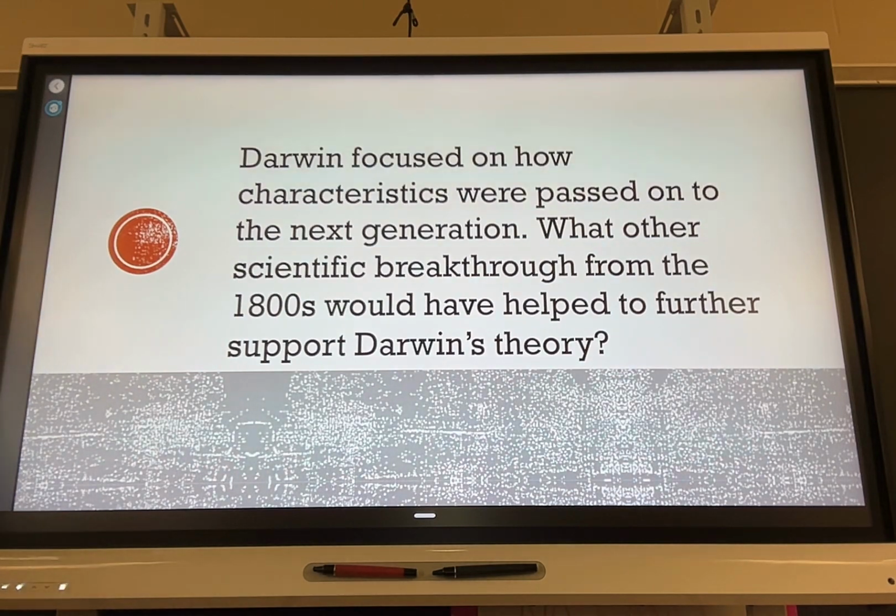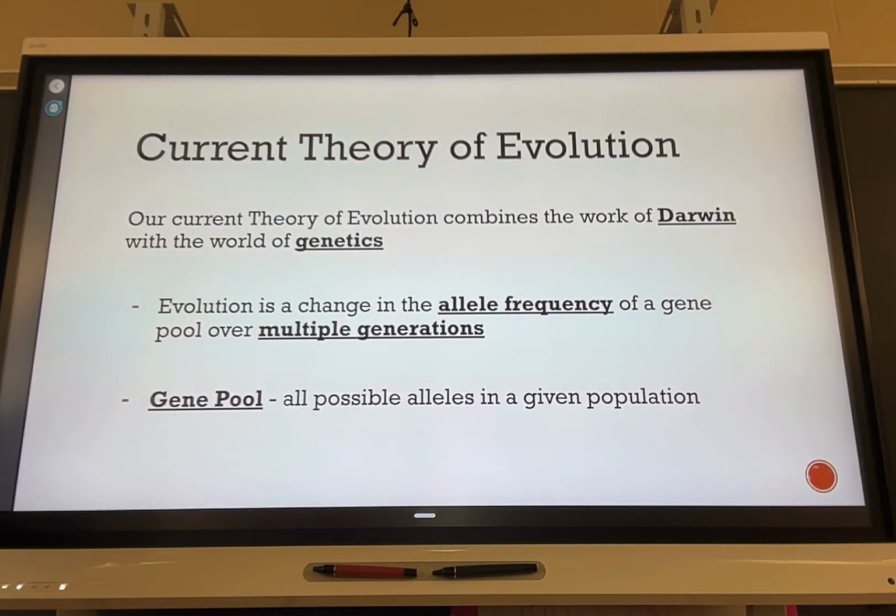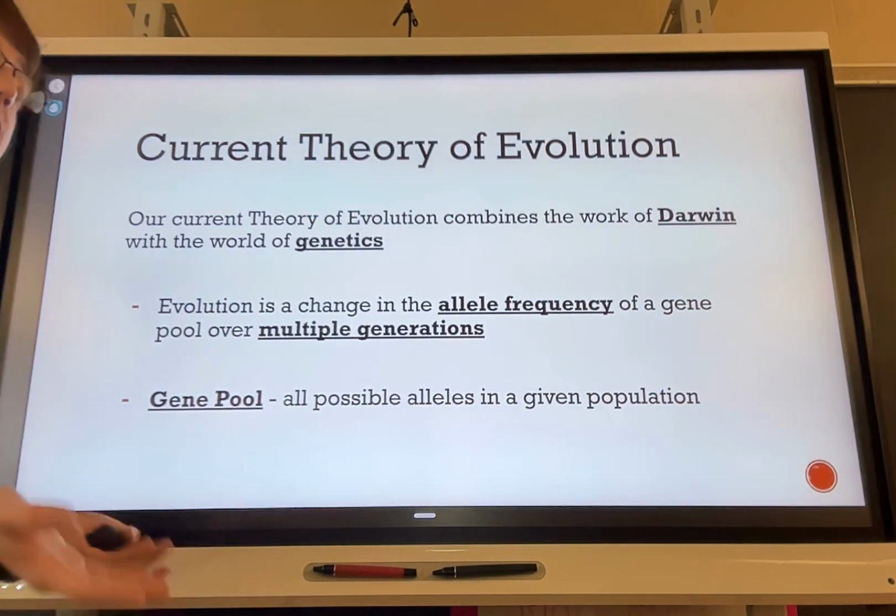So Darwin focused on characteristics and how they were passed on to the next generation. But there was another scientific breakthrough from the 1800s that would have helped Darwin take his theory a little bit farther. And that is genetics. So we just talked about genetics: the inheritance of traits, the inheritance of genes and of alleles, how we get two alleles from our parents and how those can determine what our phenotype, or our physical characteristics, are going to look like.